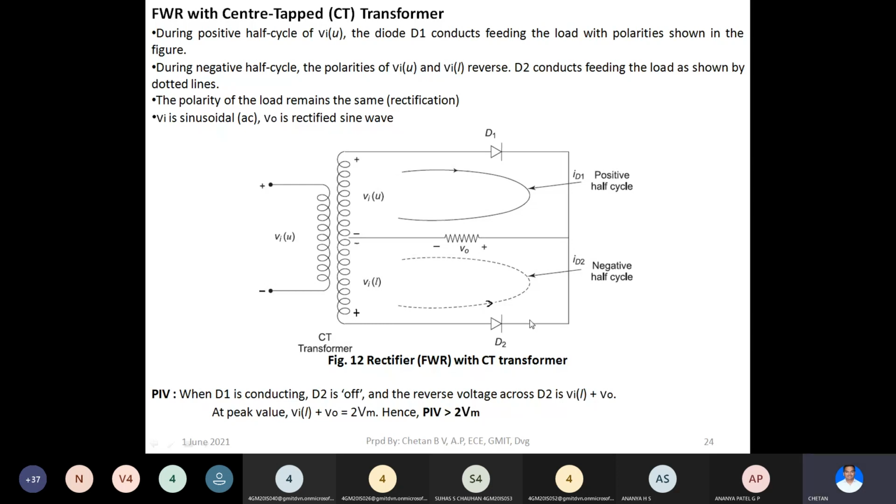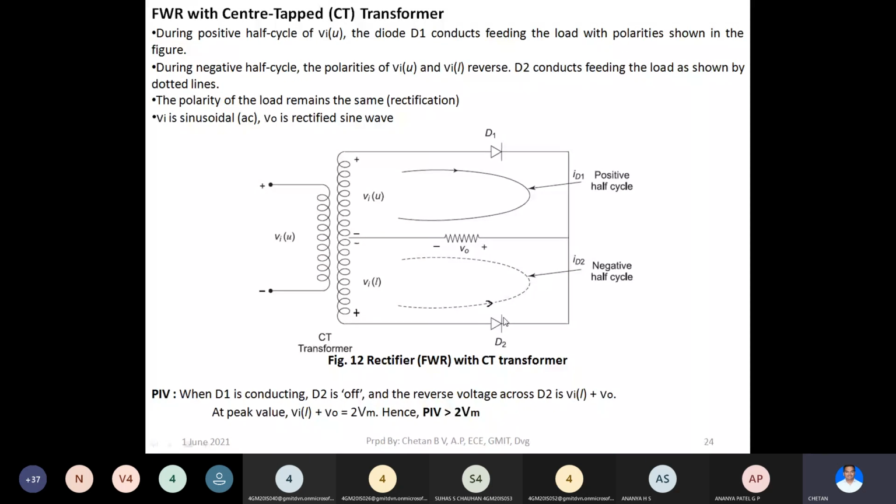And one more thing, if you want to find out the peak inverse voltage in this case, assume that when D1 is conducting, it will be a short circuit here, right? So the current ID1 will flow through V0, and D2 will be open circuit.